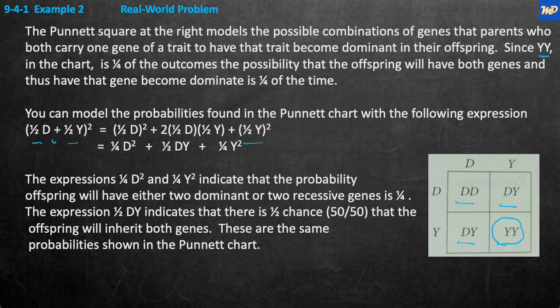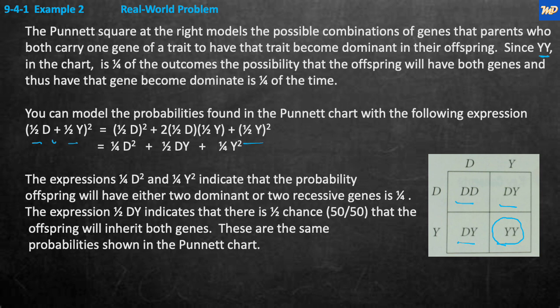Over in the back, 1/2 squared is 1/4, Y squared. In the middle term, you've got 2 times 1/2 D times 1/2 Y.